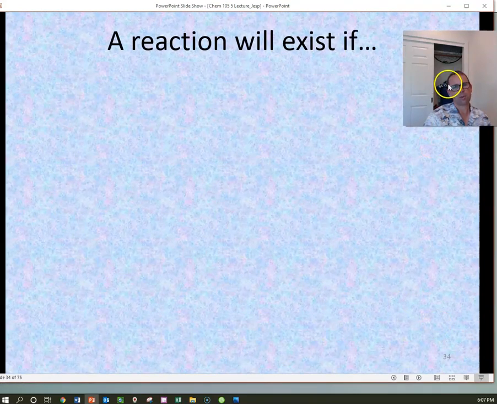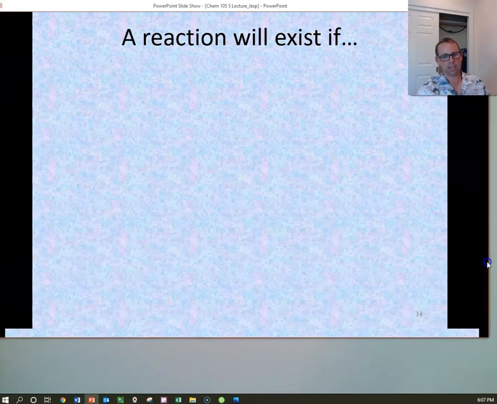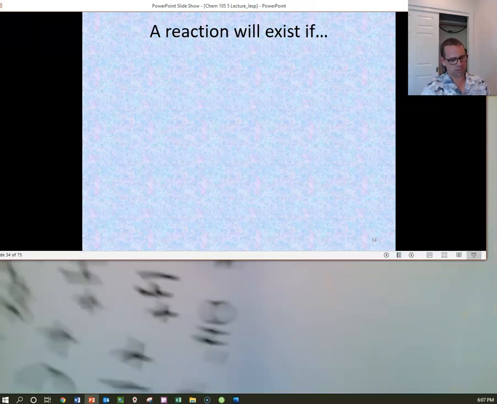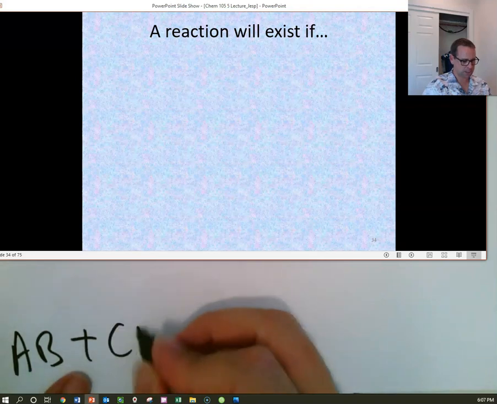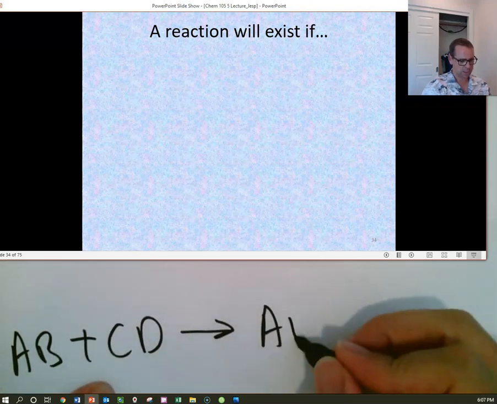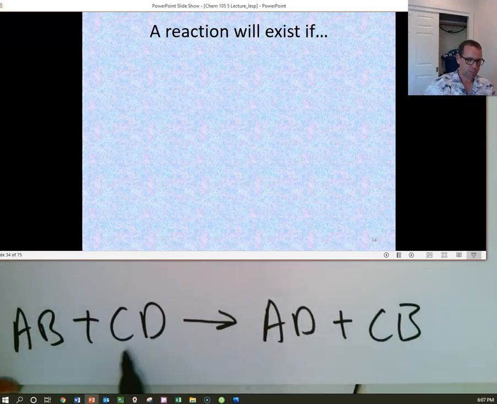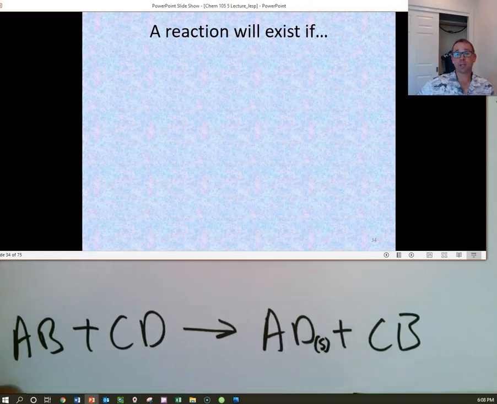Now, we talked a while back about how our general reaction form so far is AB plus CD forming AD plus CB, and how AB and CD represent aqueous ionic compounds, and how one of these generally is going to be a solid if it's a precipitate reaction.